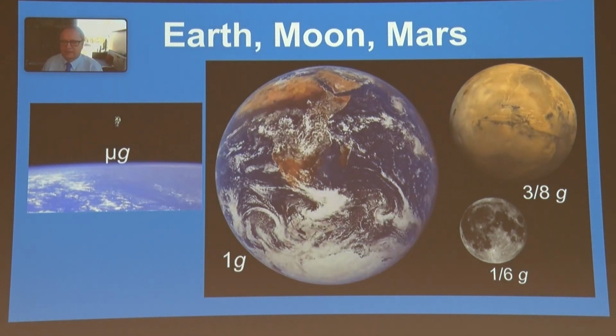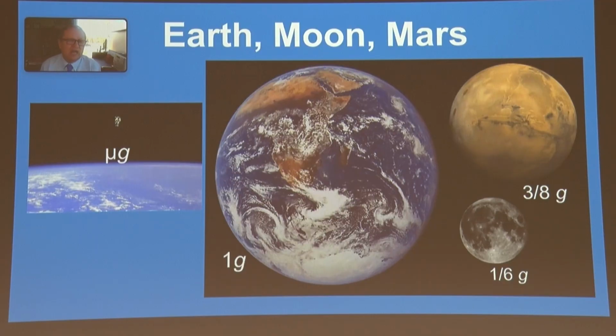One concept I'd like to introduce right now, which has been the focus of our experiments, is understanding plant behavior in reduced or fractional gravity. We actually know a lot about plants in microgravity. Plants have been part of the earliest American experiments with Apollo and before.